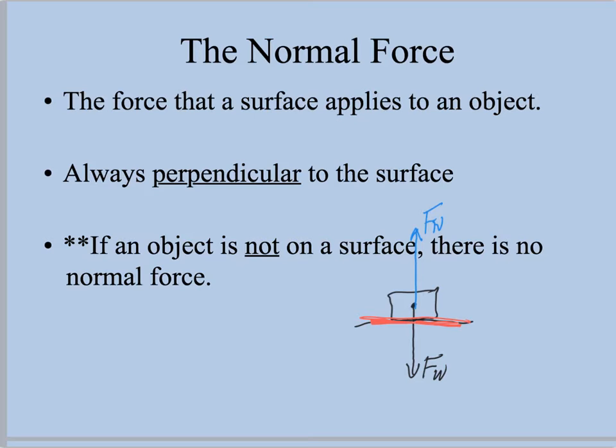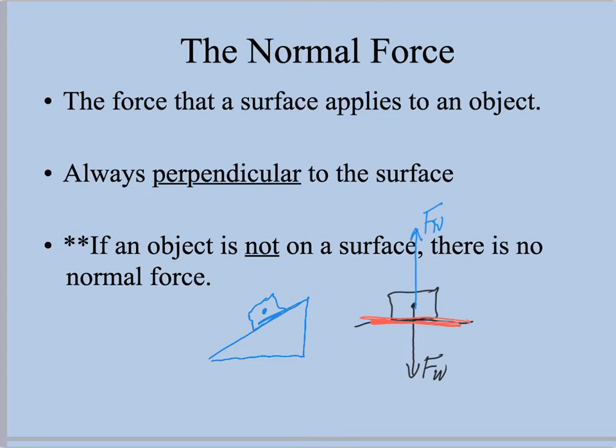If there is no surface, you do not have a normal force. So an object that's in free fall, you might say, oh, well, it's touching the air molecules. No, it needs to be something solid. So if you're on an incline, let's say, and you have this object sitting on the incline, like that. Well, this is the surface now.